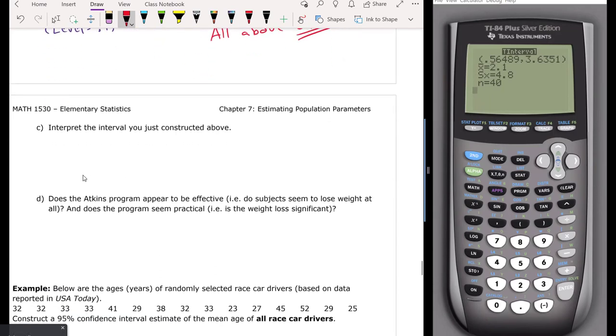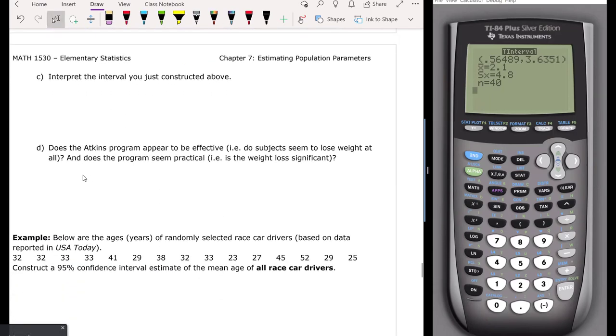Does the program seem practical? Yeah, okay. So that's the part that I'm thinking about right here, the practicality of it, right? Is it a practical diet program? I mean, probably not, based on this data anyway. I'm not saying it doesn't work for everybody, but is it practical? We're going to say not practical, but it does seem like it is effective, based on their definition of effective here.